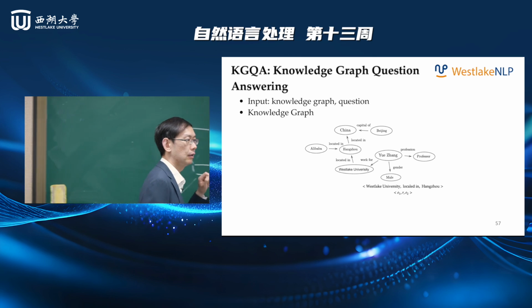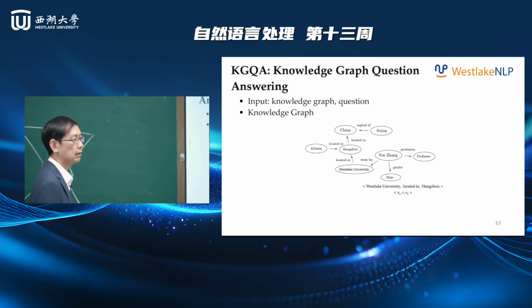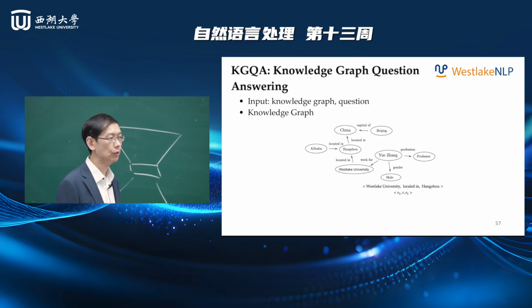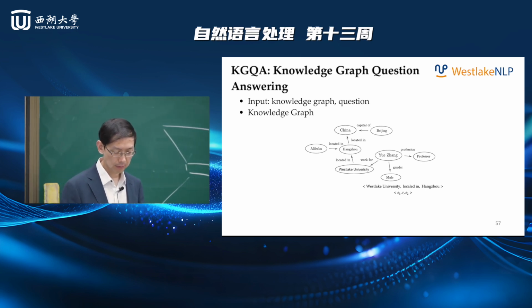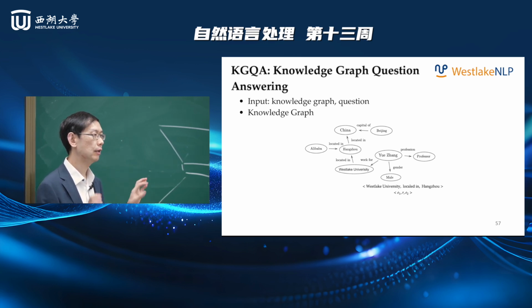Using the knowledge graph information, you can create a lot of tasks, okay? And one simple task is to predict one entity using another entity and the link.